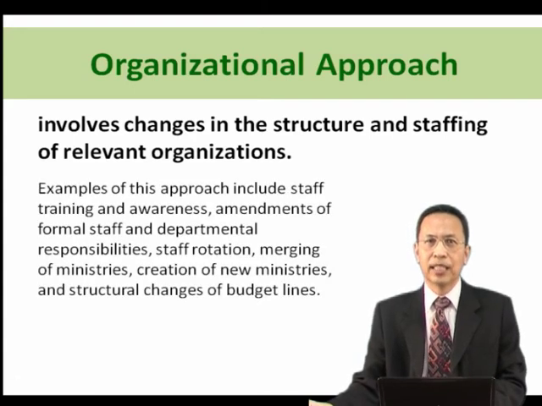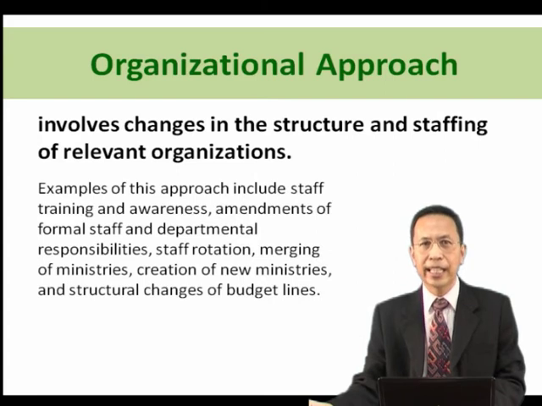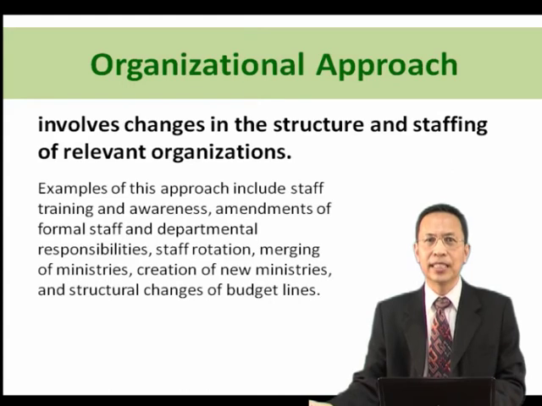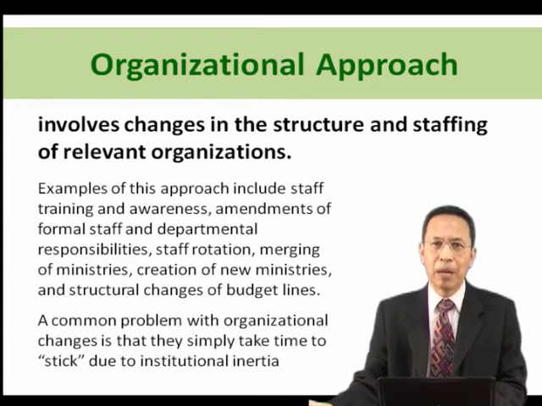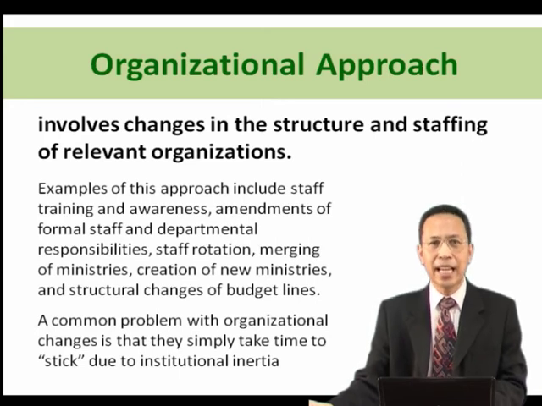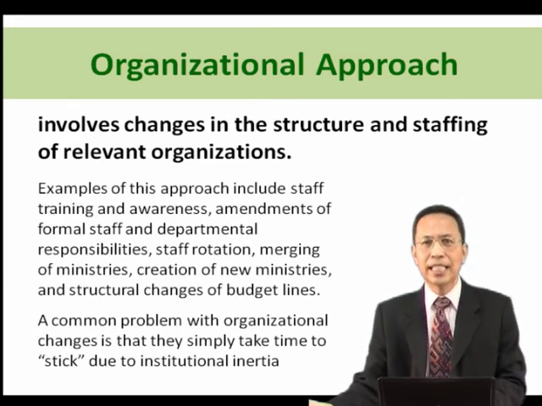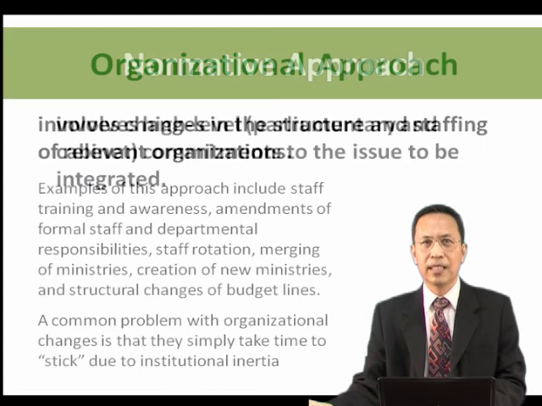For example, this approach could include staff training and awareness, amendments of formal staff and departmental responsibilities, staff rotation, merging of ministries, creation of new ministries, and structural changes of budget lines. Well, a common problem with this approach is that they simply take time to stick due to institutional inertia.